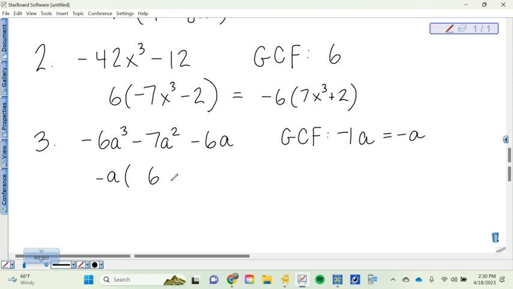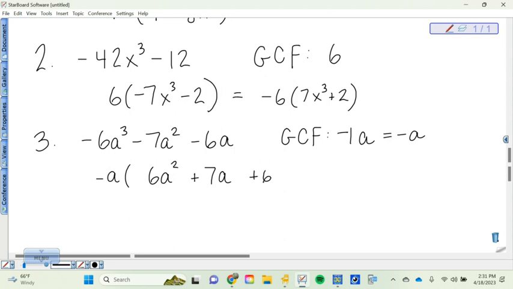Negative a times what would give me negative 6a cubed? 6a squared. Negative a times what would give me negative 7a squared? Plus 7a, because negative a times a positive 7a gives me negative 7a squared. Negative a times what gives me negative 6a? Positive 6.